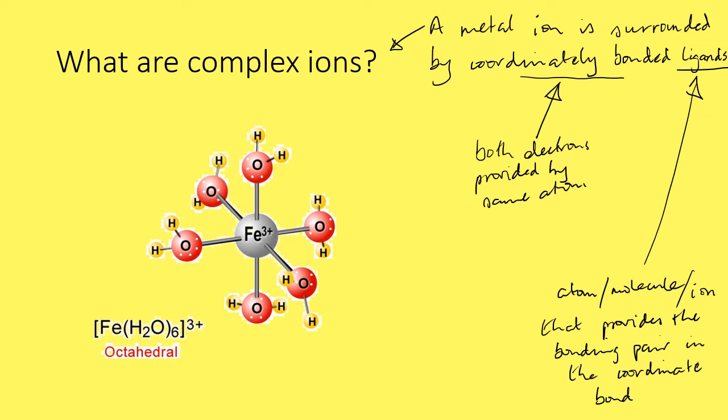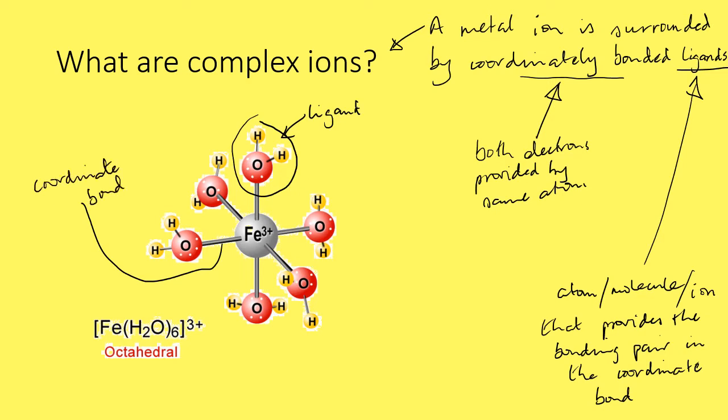Okay, so looking at our diagram on the left-hand side, this would be our ligand, and for example, this bond here is a coordinate bond, where this lone pair here has provided those electrons to make that covalent bond there with the iron.